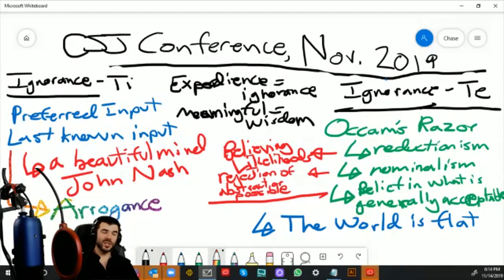You're intellectually dishonest and intellectually lazy. You are ignorant. Or if it's like, well, belief in what is generally acceptable, wow. If you're believing something's generally acceptable, that's the yang in your mind, and you're not allowing it to subject itself to the yin, which is the abstract or what is possible.